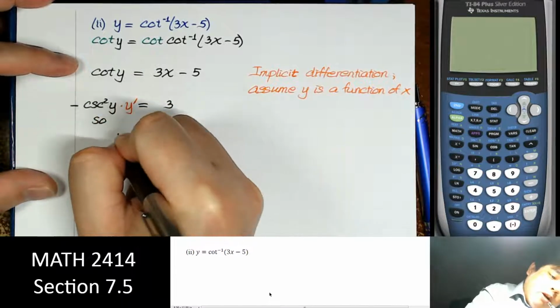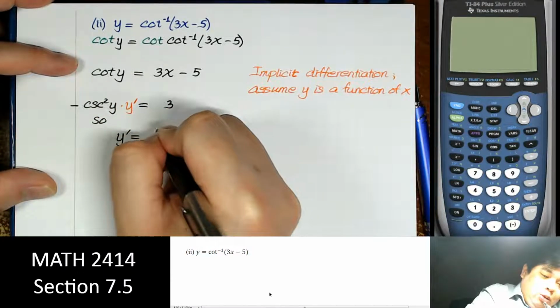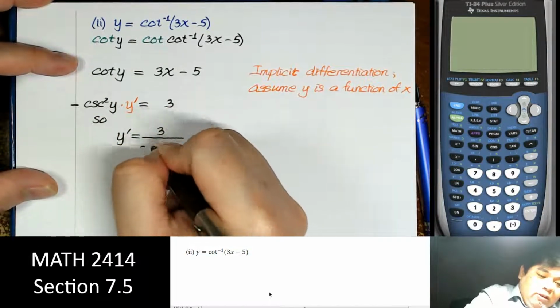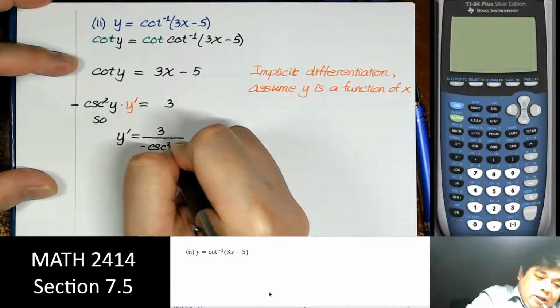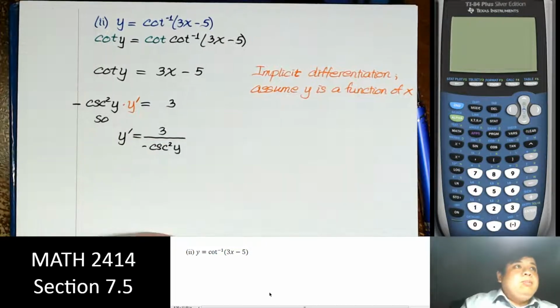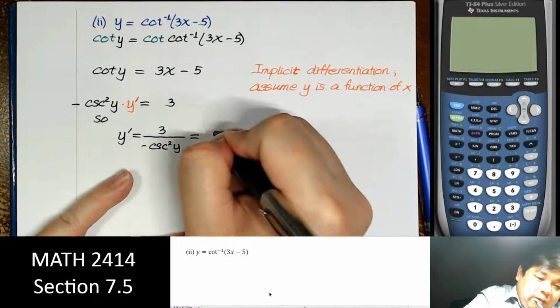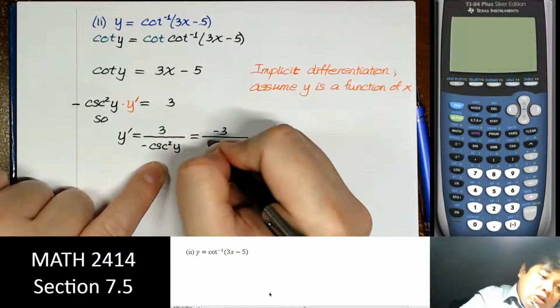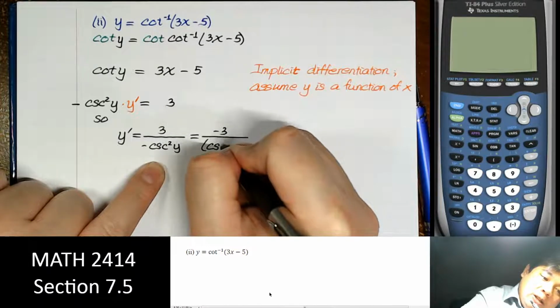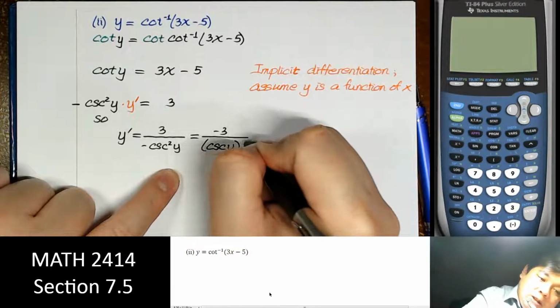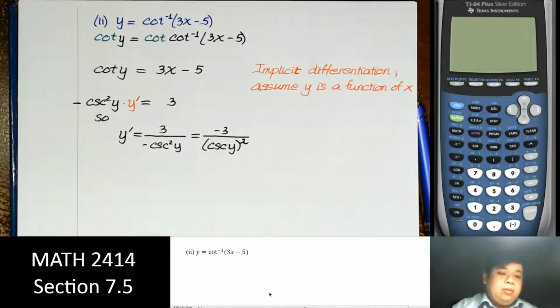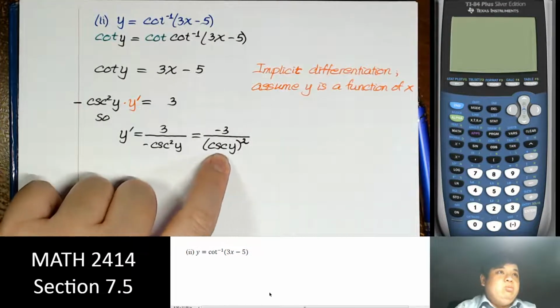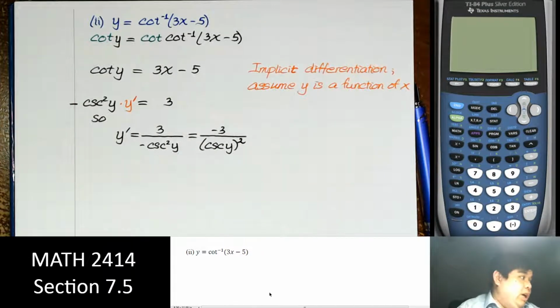So we have y prime equal to 3 over negative cosecant squared. Let's rewrite this as negative 3 times cosecant squared. Just need to find cosecant y, and that should be it.